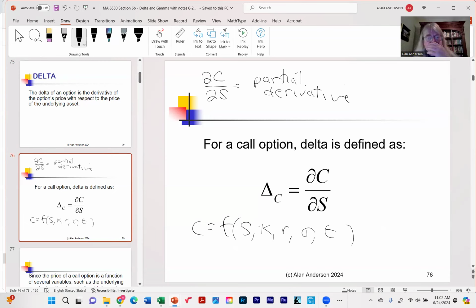So we're only interested in changing S and seeing its impact. In other words, it's assumed that the others stay fixed when we change the stock price. That's why it's a partial derivative. And over here, of course, this is the Greek letter delta with a little c that tells me this is the call delta.